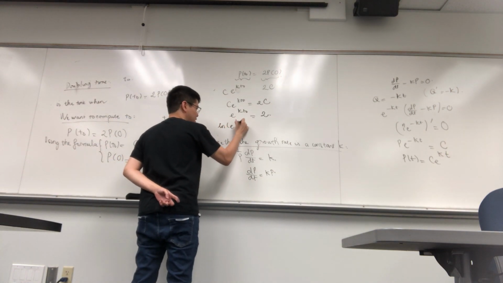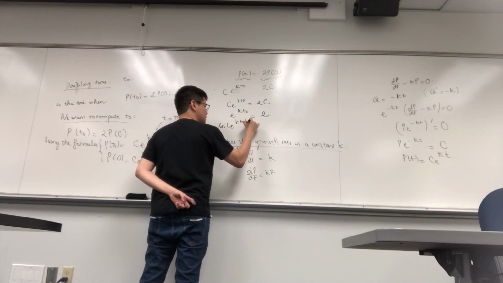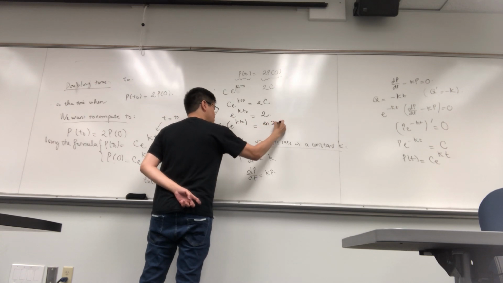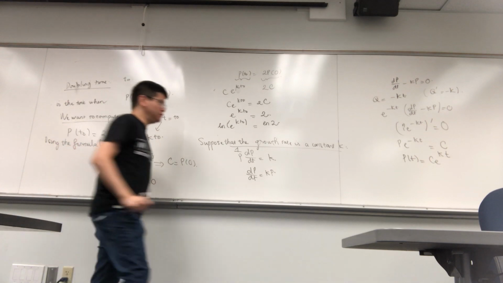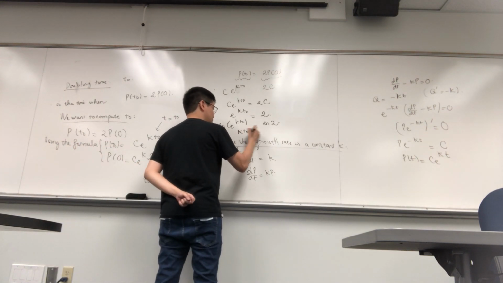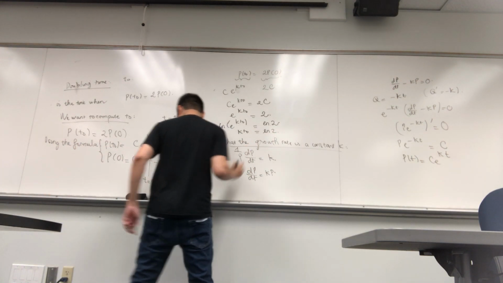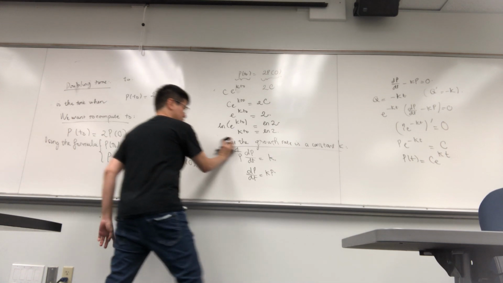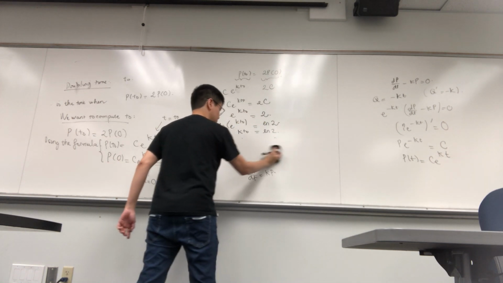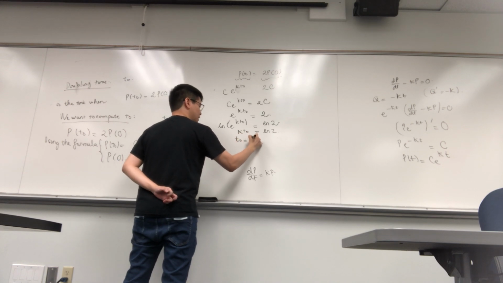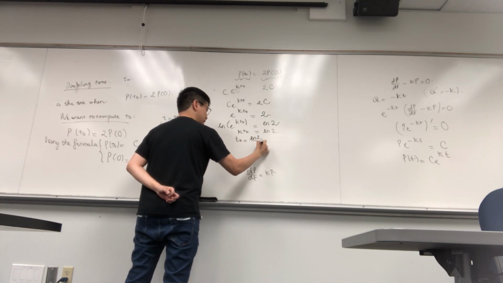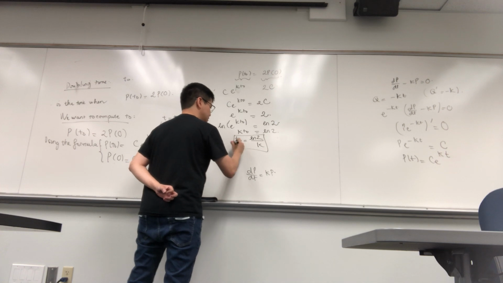So log of e^(kt0) is log of 2. Log of e^(kt0) is kt0 by definition. So kt0 is log of 2. So you're going to have log of 2 divided by k, and this is t0, and this is the doubling time.